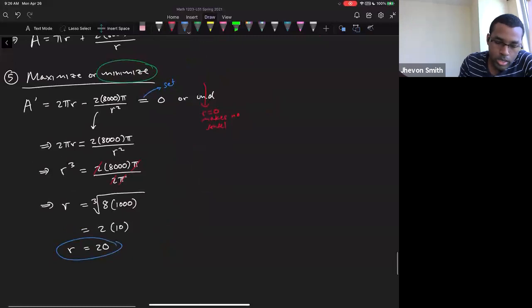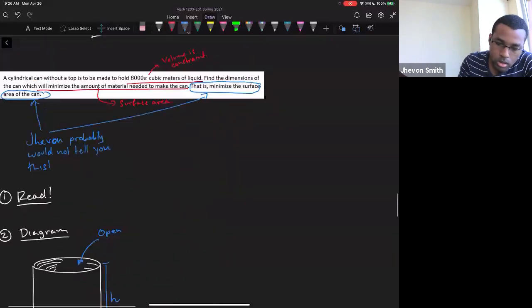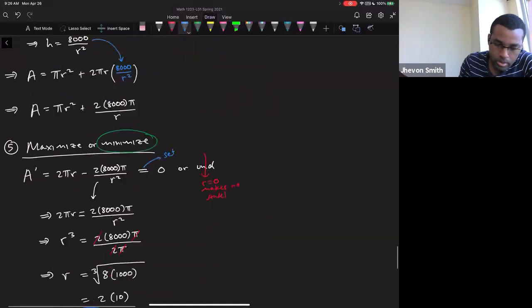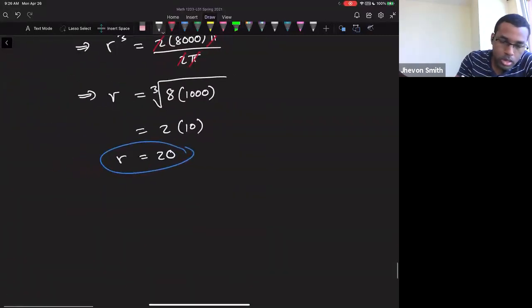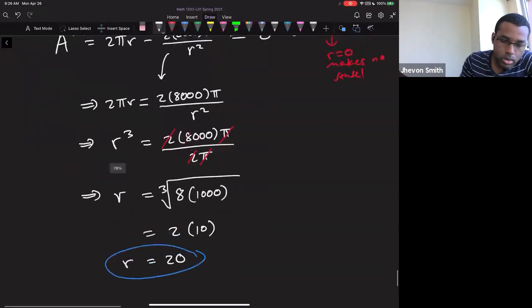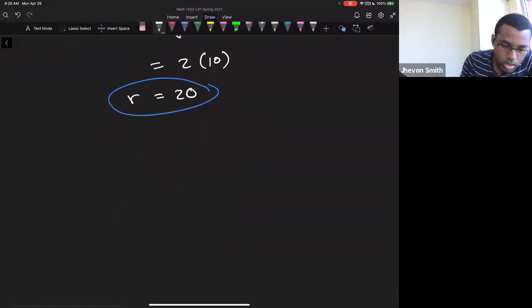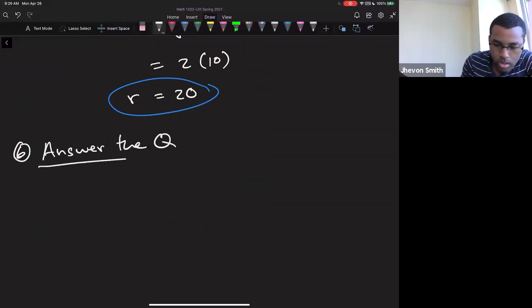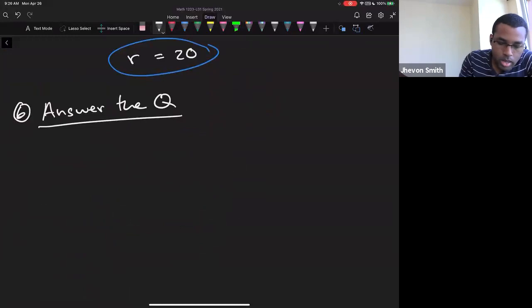Not the final answer. We were asked to find the dimensions. So we also need the height. So now move down to step 6, answer the question. So r equals 20. This is your radius.